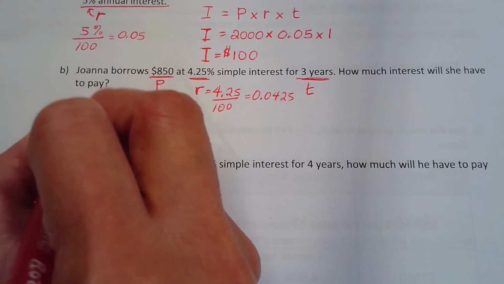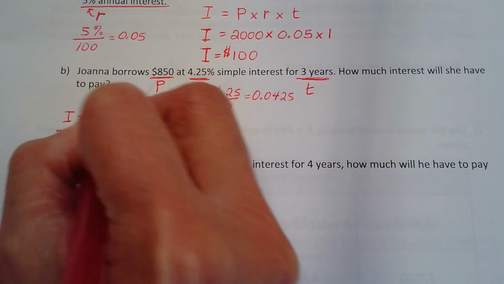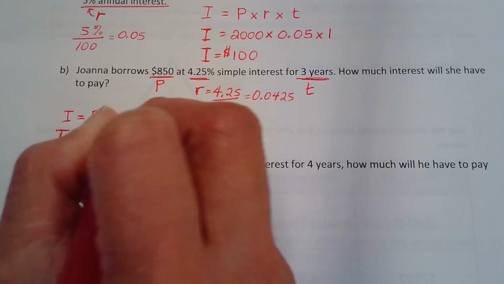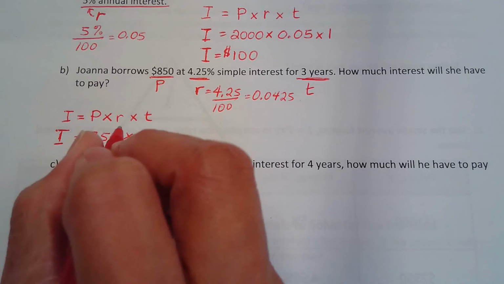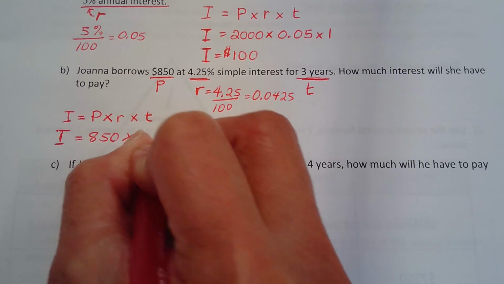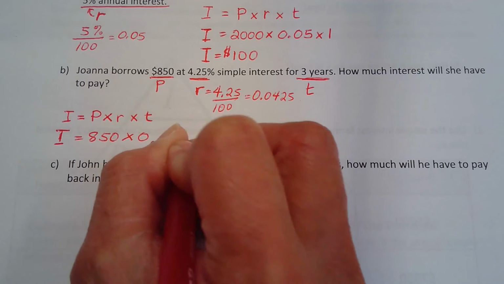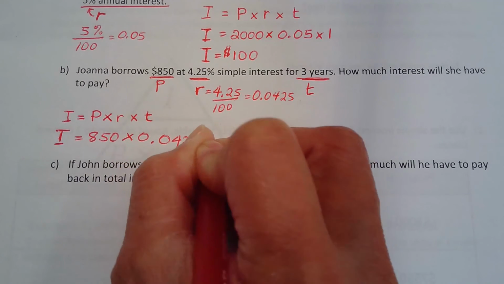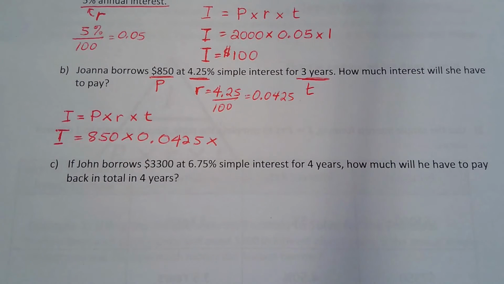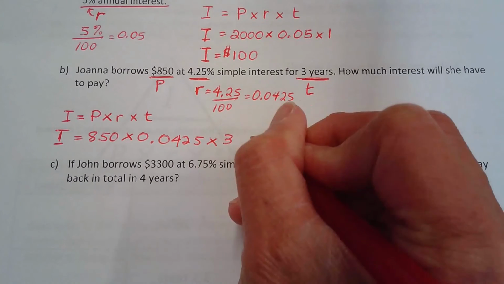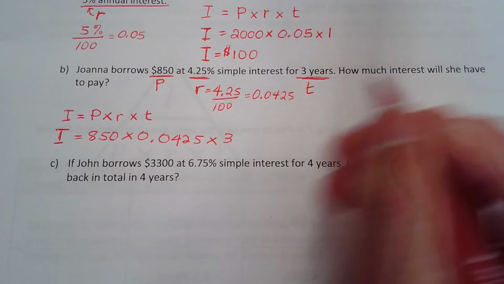So P is 850. 850 times 0.0425 times 3, because it's 3 years. Okay, so what would that be?